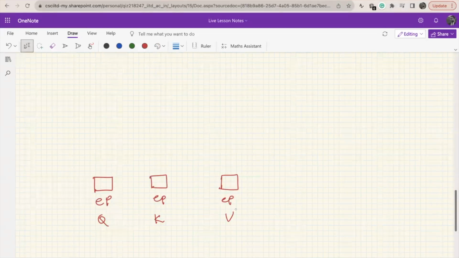Because in YouTube, the query is some sentence, the keys are other things, and the value is something else. But here the query and the key are sort of the same thing, because we are looking at self-attention. We're looking for words which are more important in the same sentence. So query, key, and value are derived from the same thing.